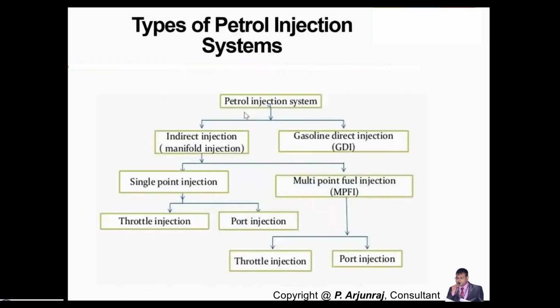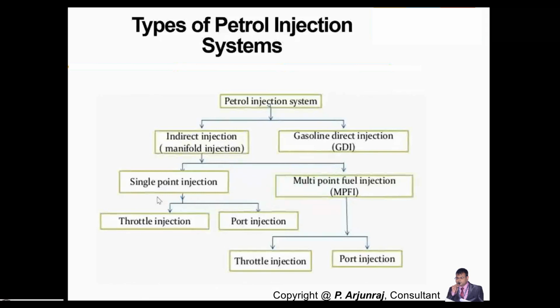And this multi-point fuel injection system comes under a type called indirect injection, where the injection happens in the manifold. So it's also called manifold injection. And this indirect injection is again divided into two types. One is a single point injection system, and one is a multi-point fuel injection system.